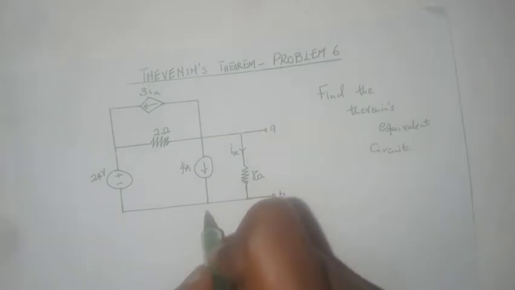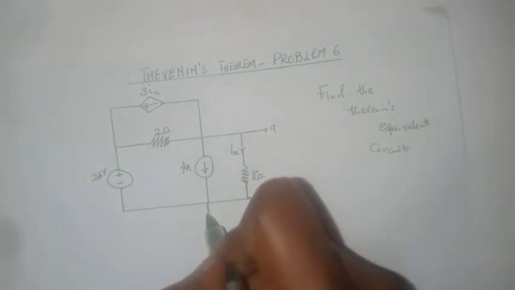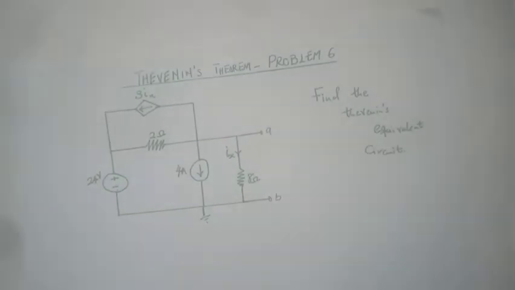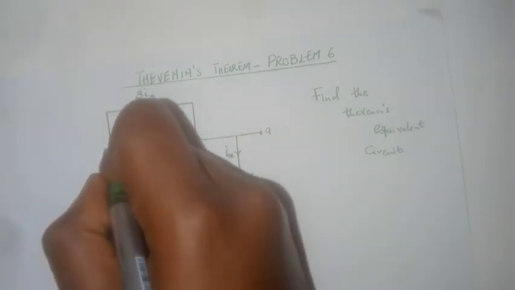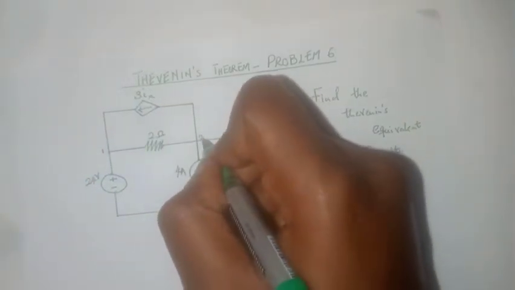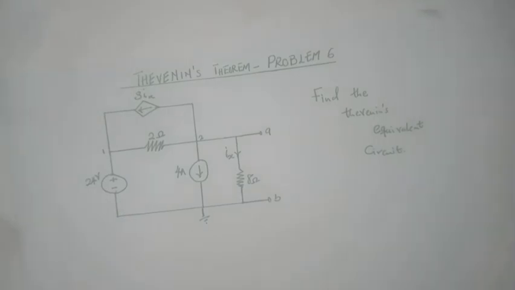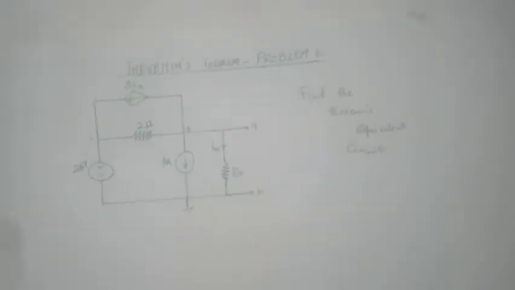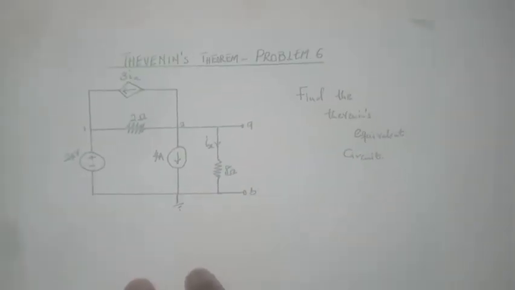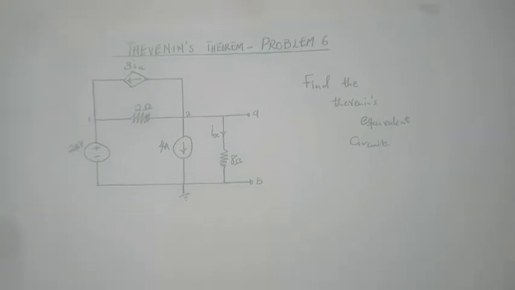We can make this our reference node, then make this node 1 and this one node 2. We can use nodal analysis to find the node voltages in the circuit.